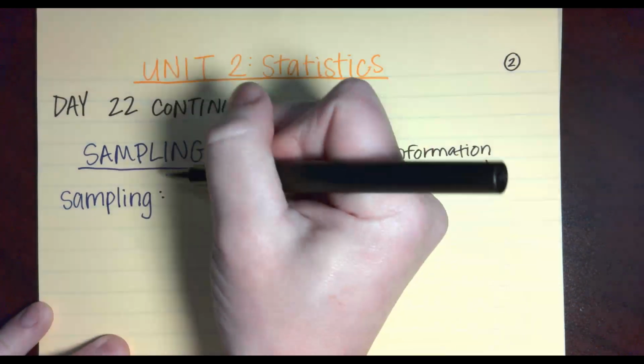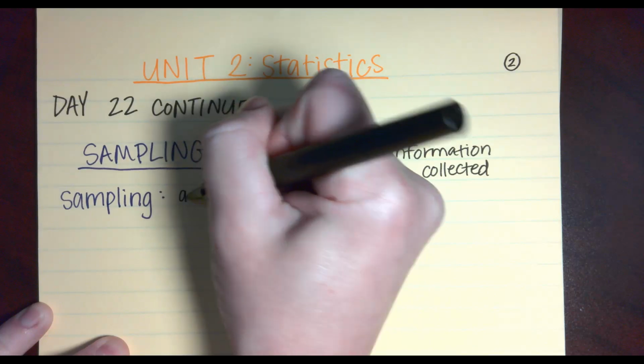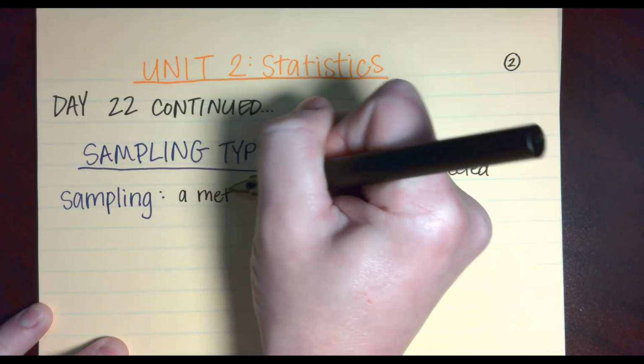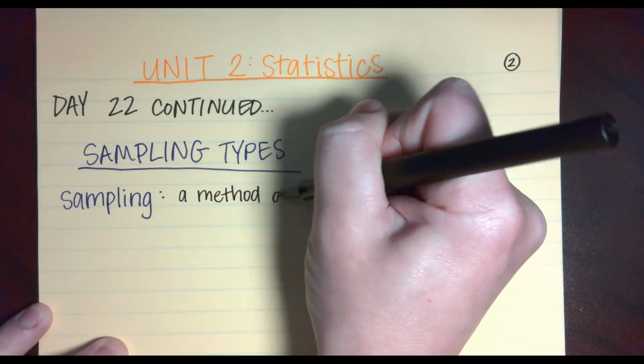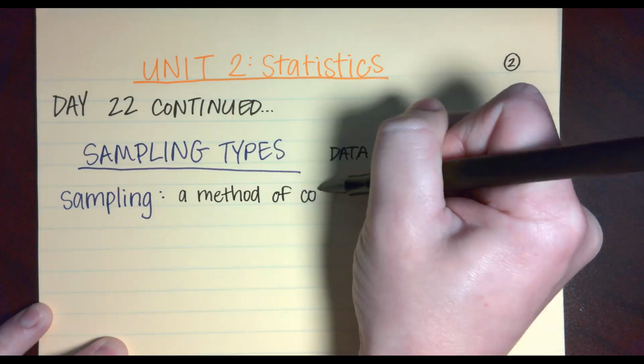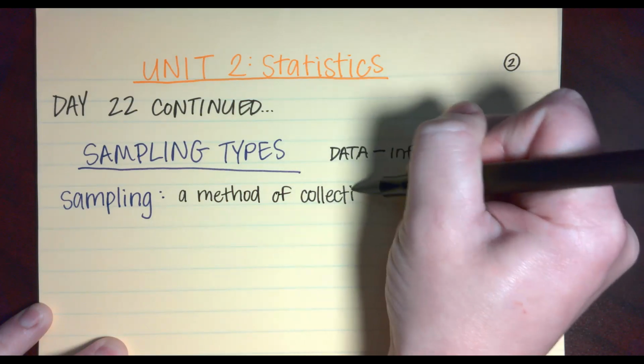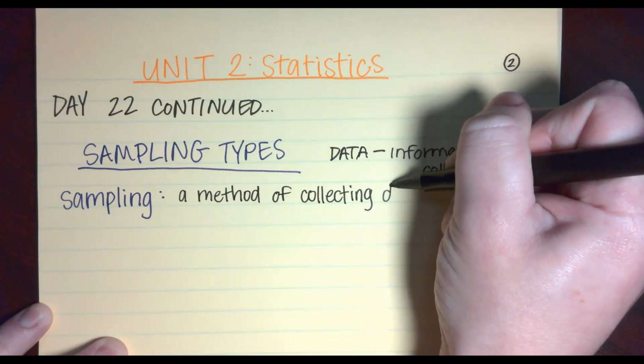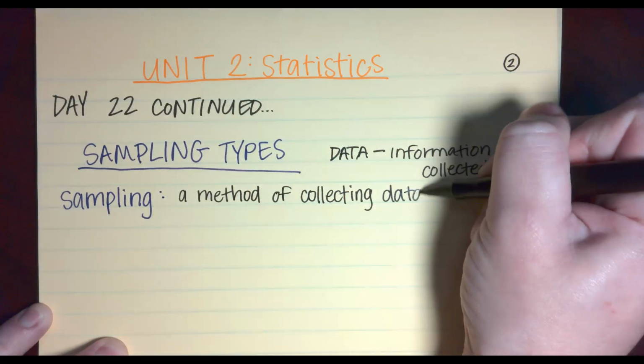So sampling is a method of collecting data or gathering information.